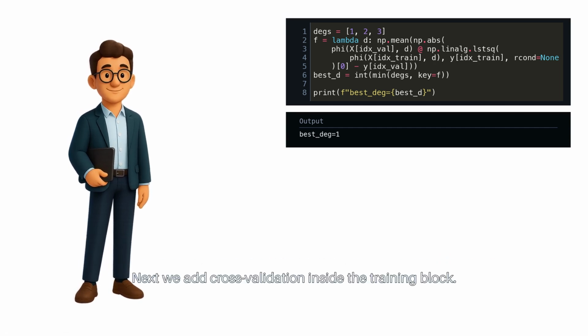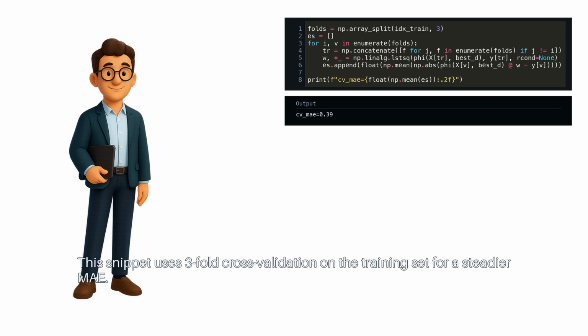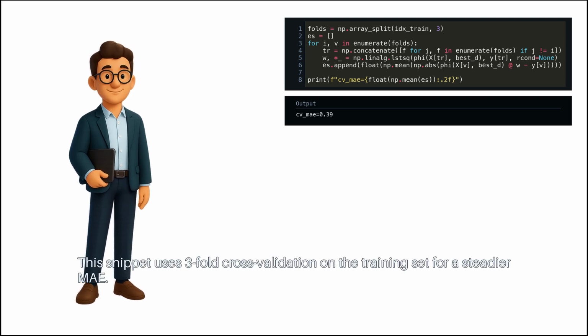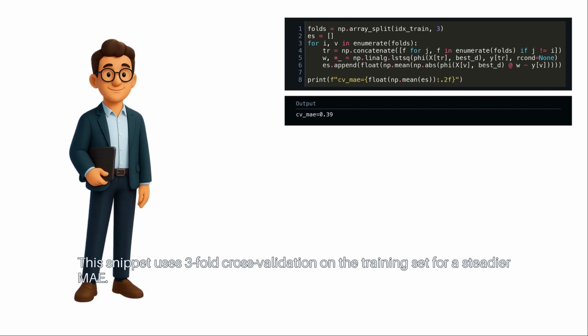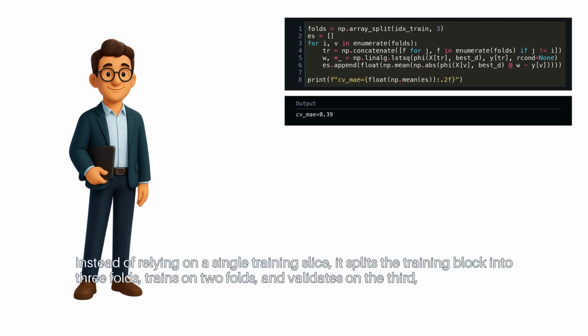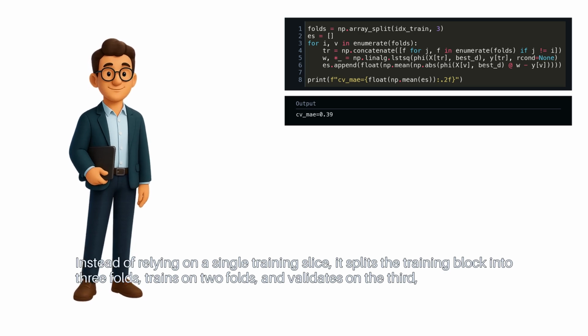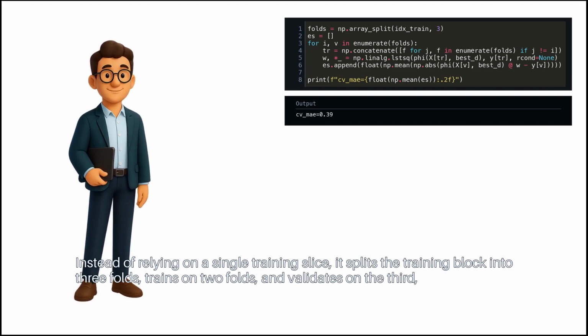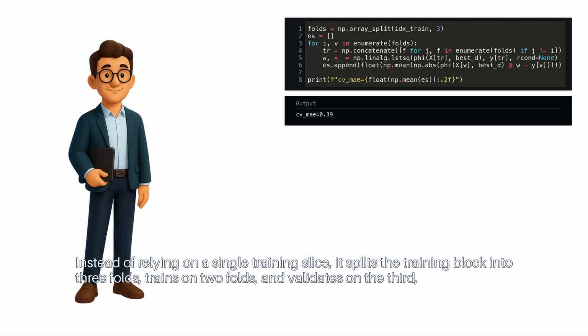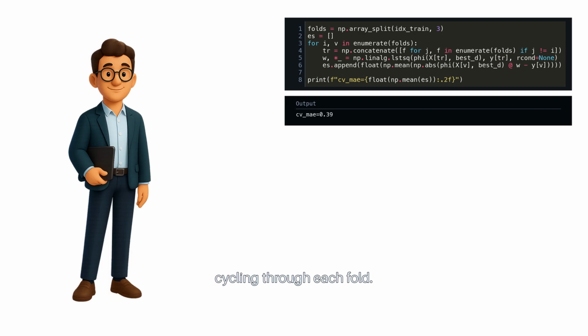Next, we add cross-validation inside the training block. This snippet uses threefold cross-validation on the training set for a steadier MAE. Instead of relying on a single training slice, it splits the training block into three folds, trains on two folds, and validates on the third, cycling through each fold.